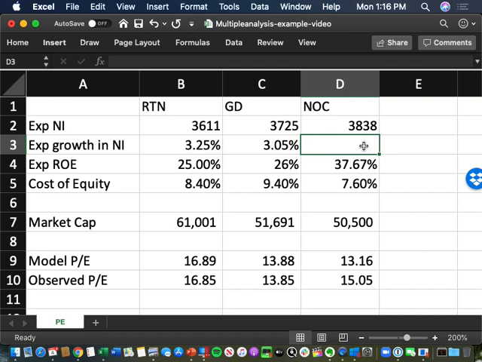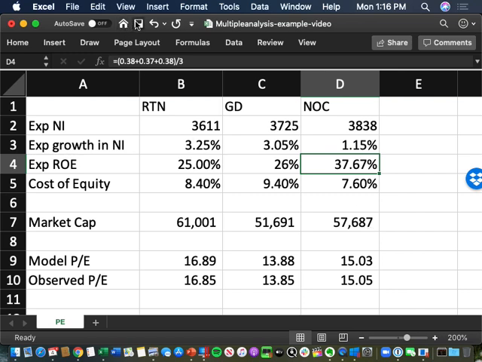So 3%? Nope. Can't be 3. 2. 1.5. Maybe around 1.5, with that.